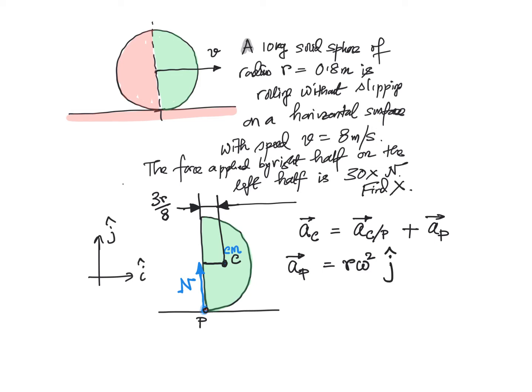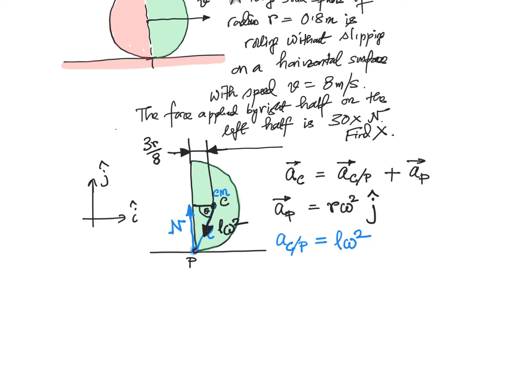And the acceleration of C with respect to P, so that means we have to draw this. So this is L. Acceleration of C with respect to P, magnitude is L omega square, that is this way, towards P. Say this angle is theta.